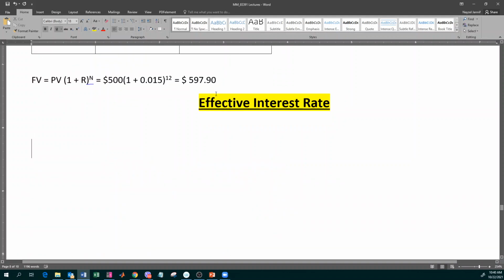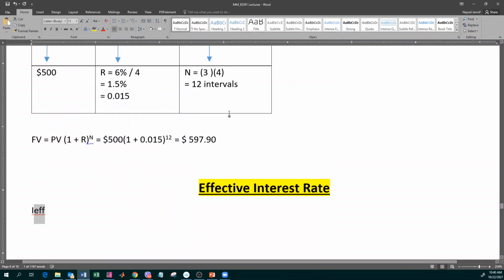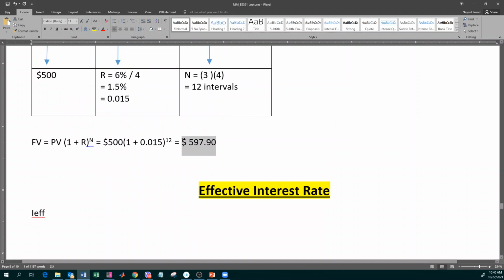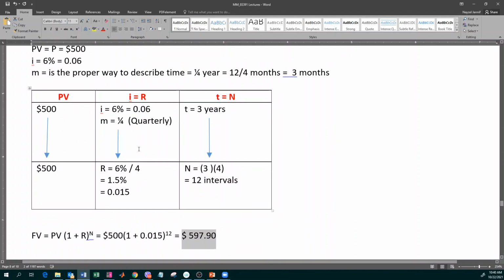Now, this is a particular thing about effective interest rate. Basically, what effective interest rate is, you take I effective. We've calculated this 597.90 based on the fact that our compounding period was quarterly, but the interest rate was given as annual.